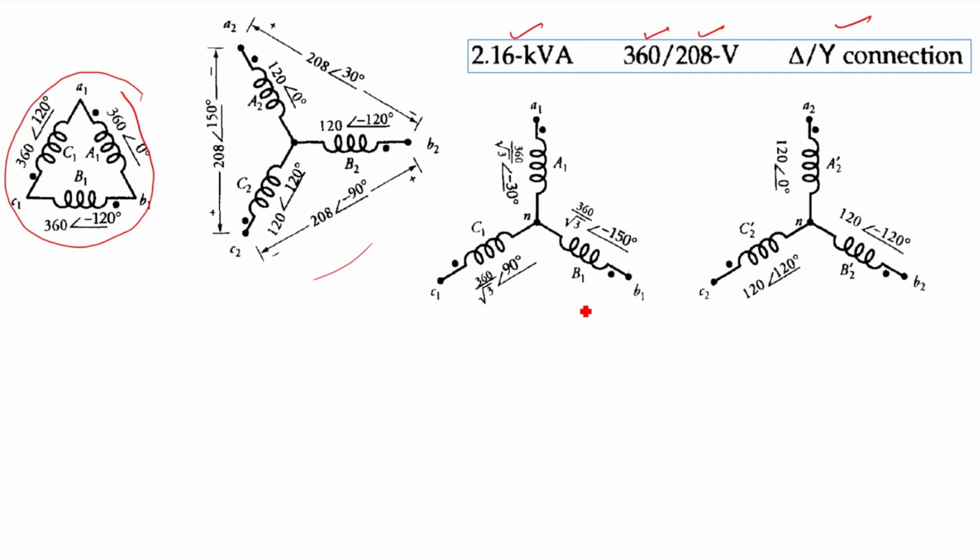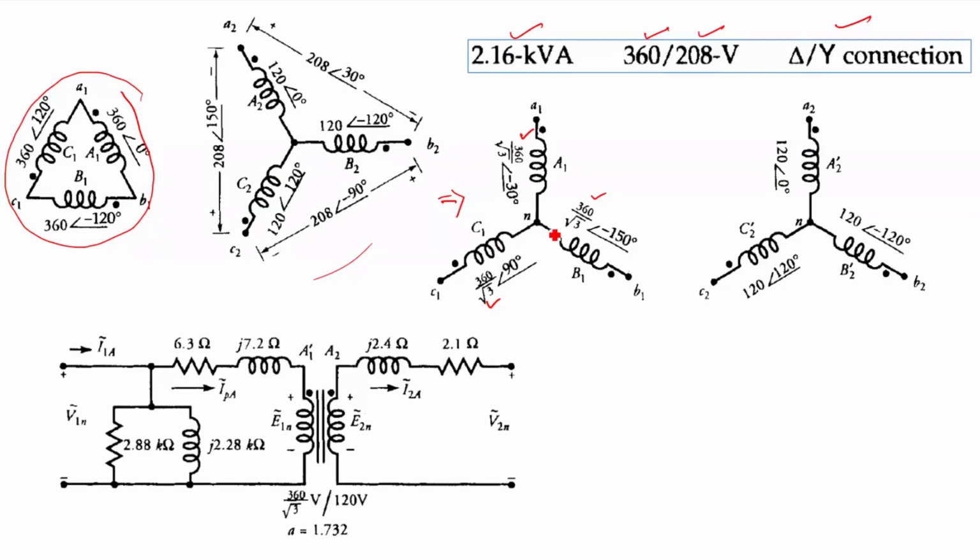Now if we do the star equivalent representation, your primary side will only change but your secondary side will remain the same, right? So your primary side changes with the voltage 360 by root 3, 360 by root 3, 360 by root 3. And already I explained this in the previous slide also. Now for the equivalent circuit, because the primary side is delta, your primary side equivalent parameters will be divided by 3.